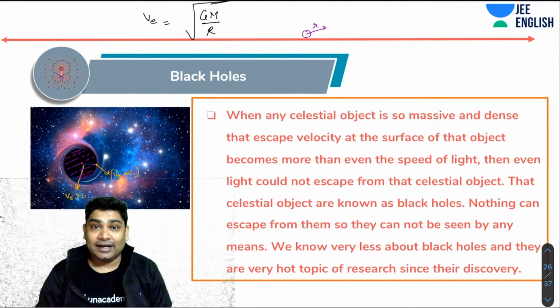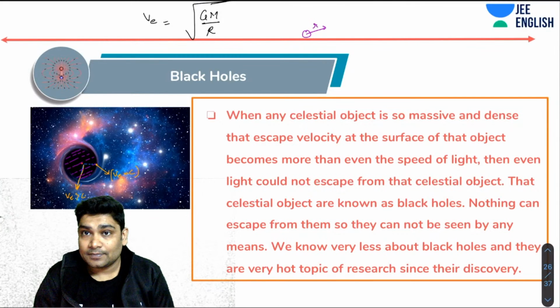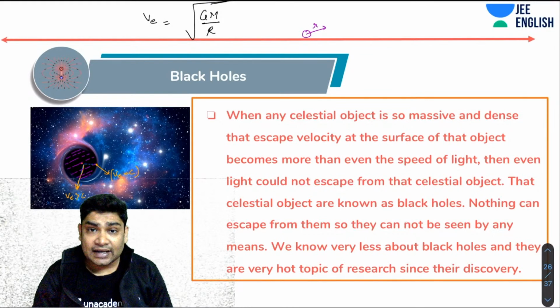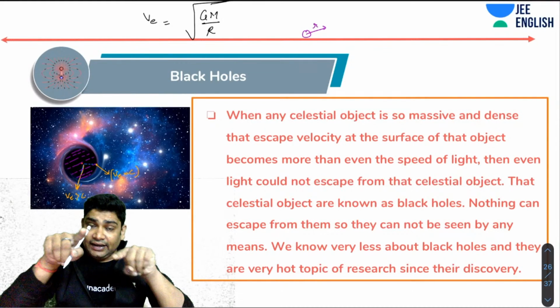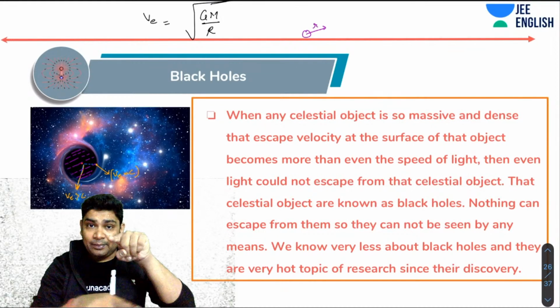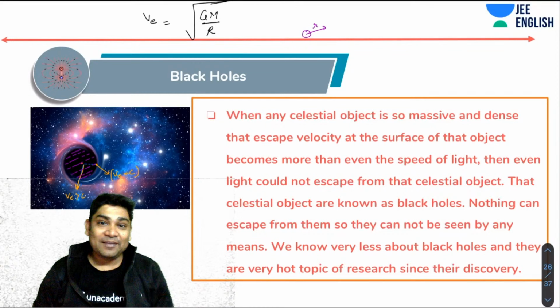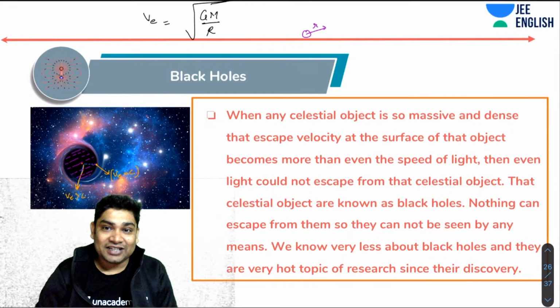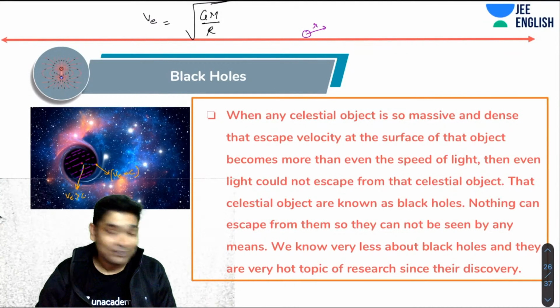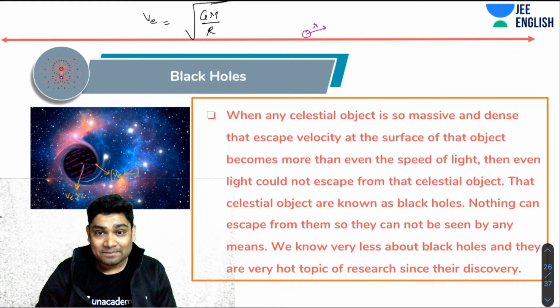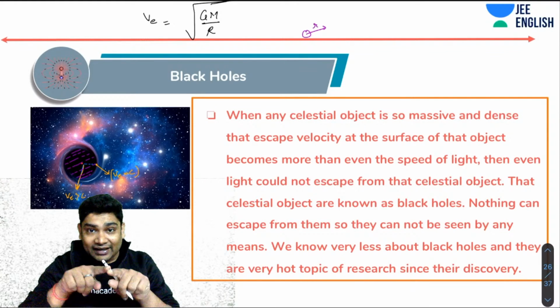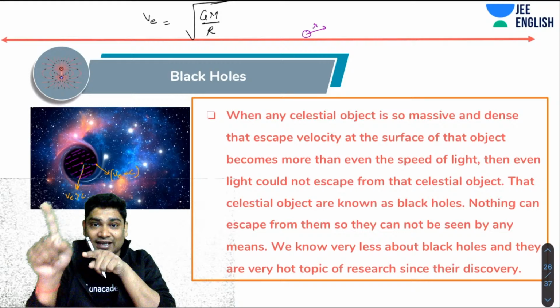I hope you realize that. So at a distance r, the escape velocity will be the same over the entire r. That is why black holes appear circular. That is the reason why they appear circular to you. Because for an entire range of r, the escape velocity is the same.